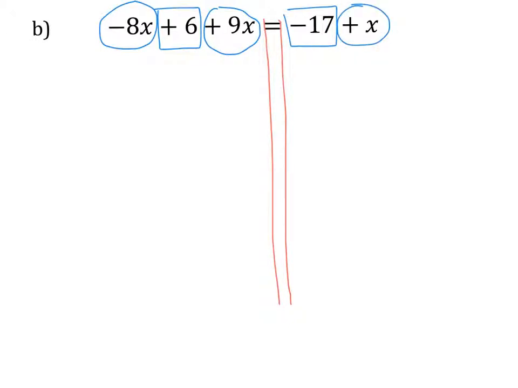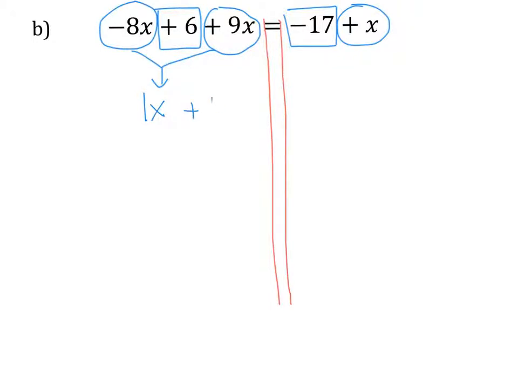On the left side, I notice that I have two ovals, two x numbers that can be added together. I have -8 and +9. In this battle, the positives win, but they only win by 1. They only brought one more player, so I have 1x.